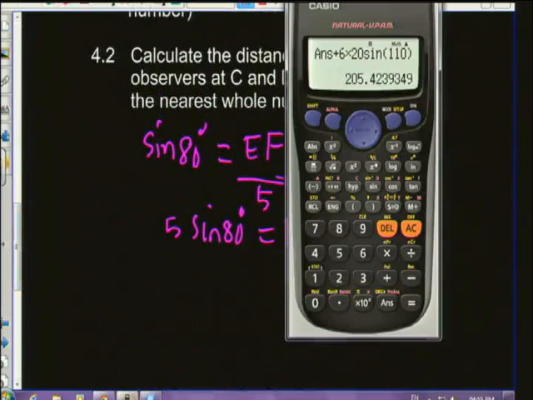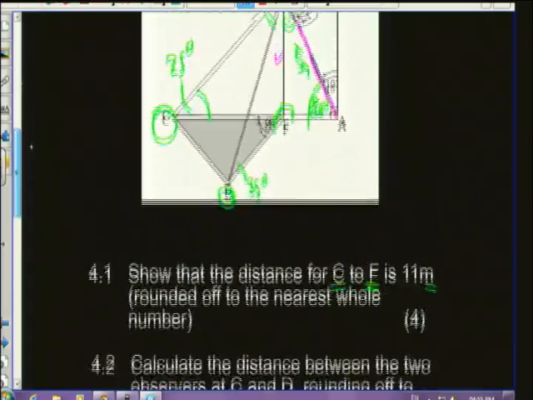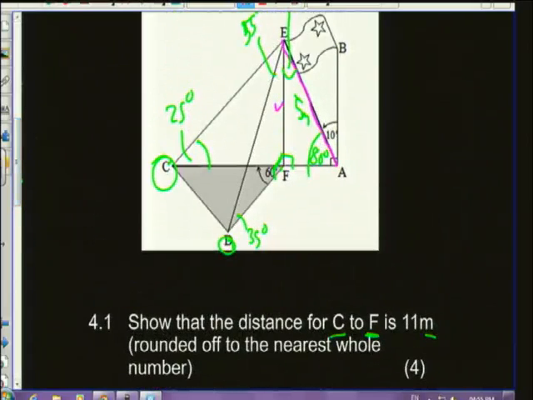Now we take our calculators. So 5 times sine of 80, that gives us 4.92, all right? So EF will be 4.92, all right? So you've got EF, 4.92, right?